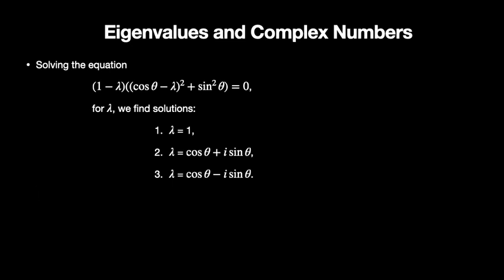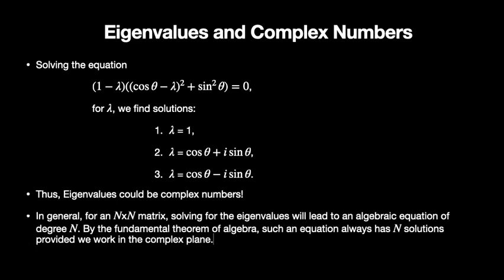It turns out that for us to be able to solve for eigenvalues of the kind of transformations we are looking at, we do require introducing complex numbers into the picture. That is because this was a specific case where we worked out a 3x3 rotation matrix about the z-axis. But in general, say I have an n by n matrix, and I want to find the eigenvectors of that matrix. If I follow the same procedure, the logic remains the same.